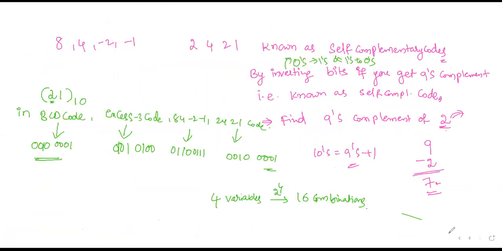So with 4 binary variables, w, x, y, z, consider 4 variables. w will take either 0 or 1, x will take 0 or 1, y 0 or 1, z 0 or 1. So write down the possible combinations. w will take either 0 or 1, so you will get 0000 and so on.